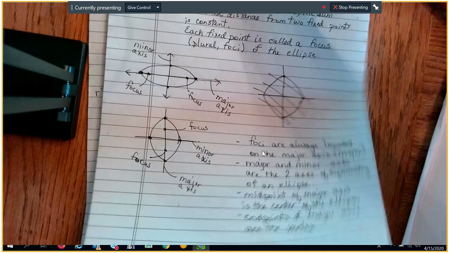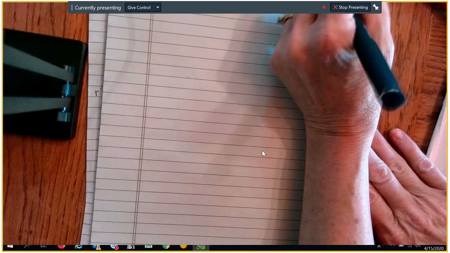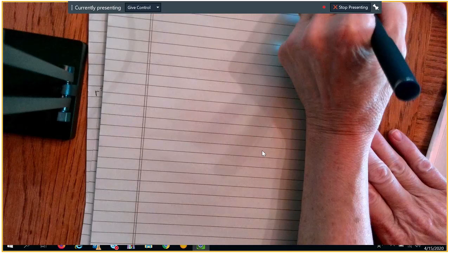So I'm going to move ahead, and we're just going to look at some equations. So today's 4/15/20, and this is my second page of notes here.